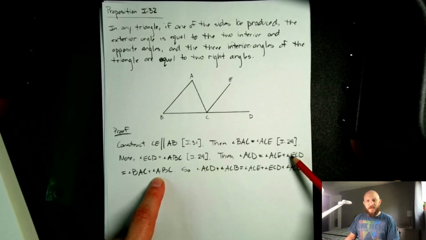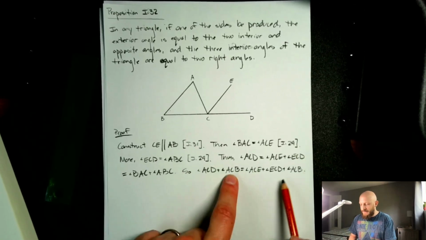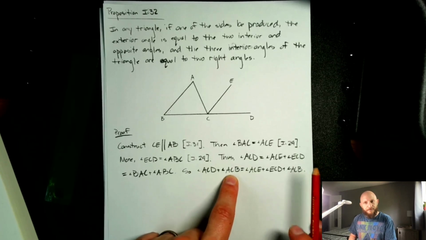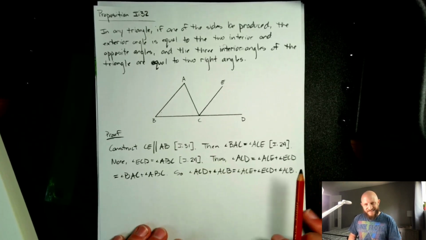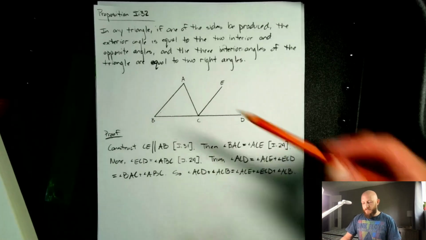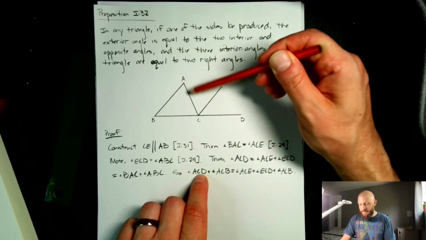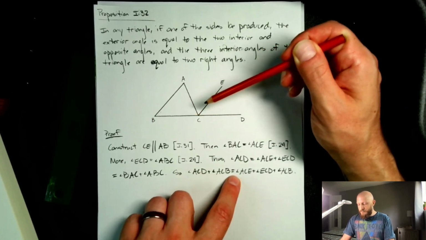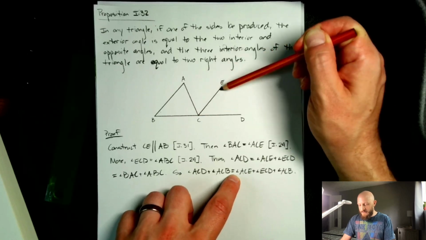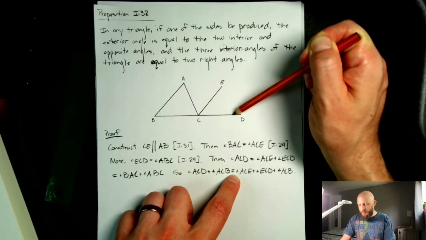We just took this same equality and added ACB to both sides of it.